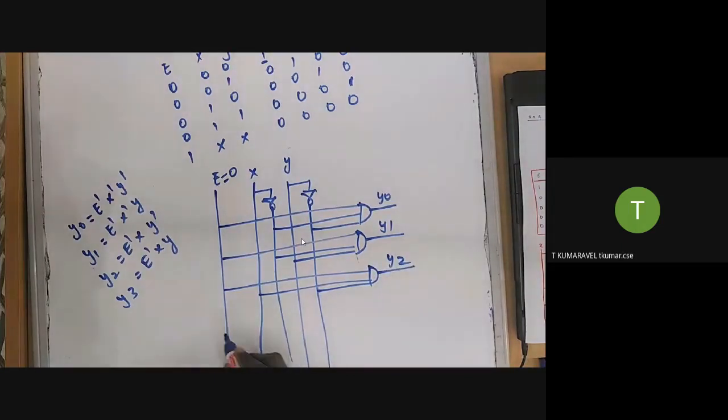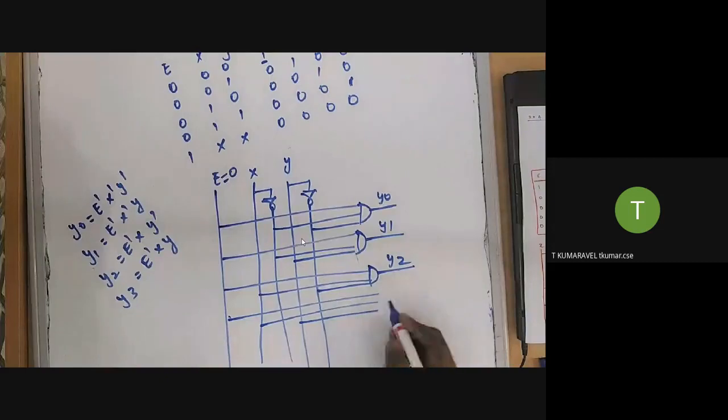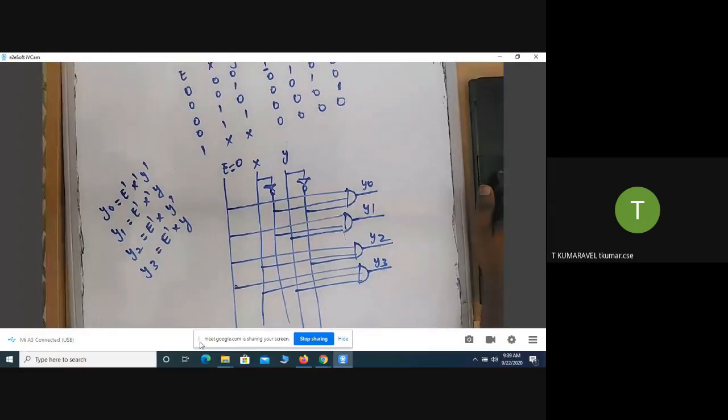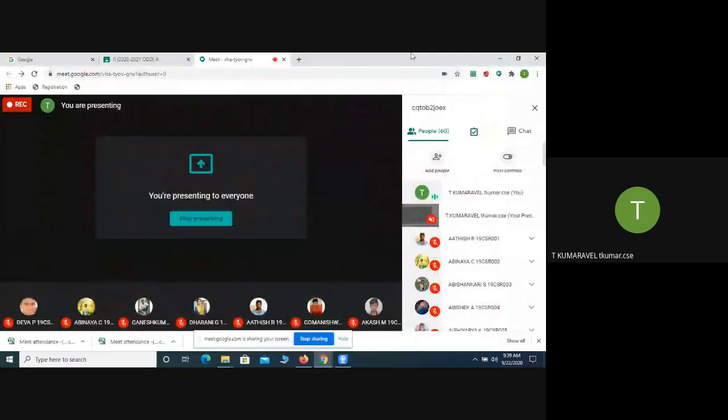Y3 is E' X Y. That is Y3. Do you have any queries? Is anyone absent?